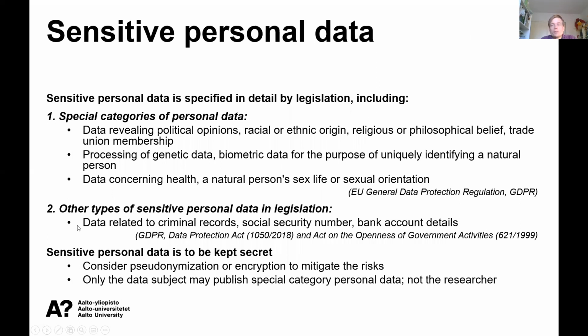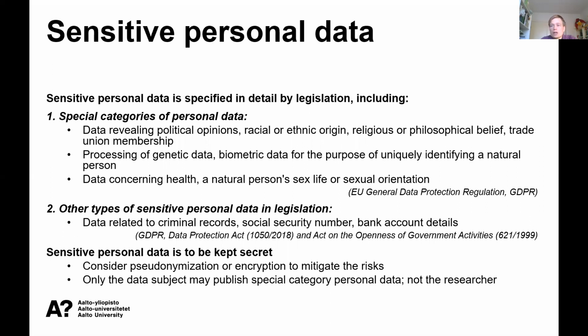Then what is sensitive personal data? Legislation specifies that quite well. It includes the GDPR, General Data Protection Regulation, which has a term called special categories of personal data, and it's listed over here.